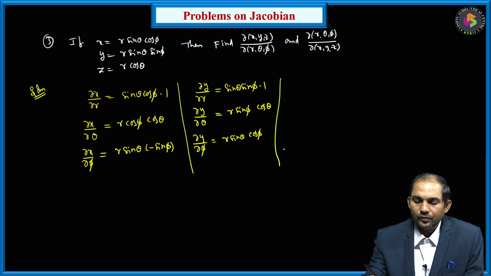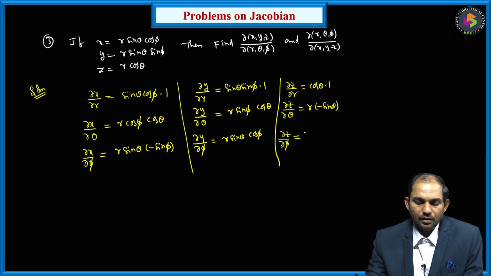And finally z. Dou z by dou r: cos theta is constant, and the derivative of r is 1. Dou z by dou theta: r is constant, and the derivative of cos theta is minus sin theta. Finally, dou z by dou phi: r and cos theta are independent of phi, therefore treated as constants, and the derivative of a constant is 0.